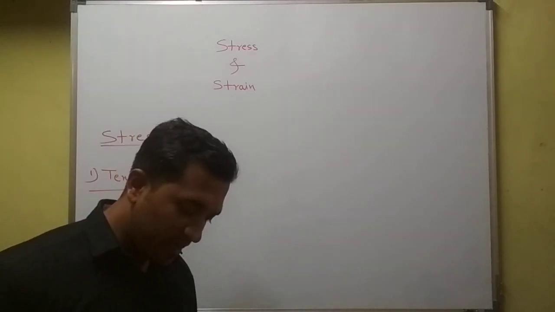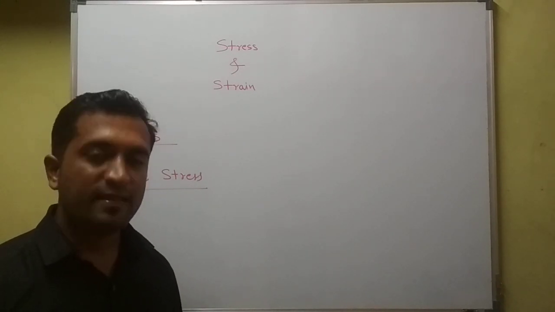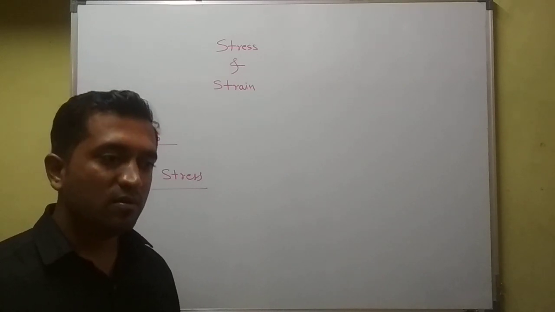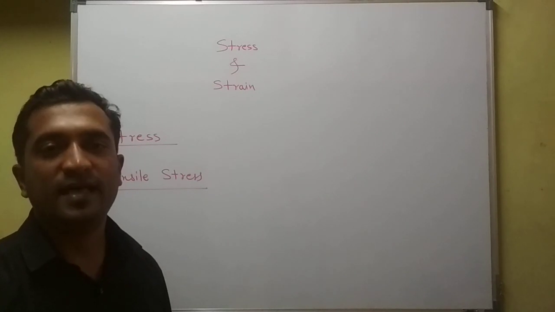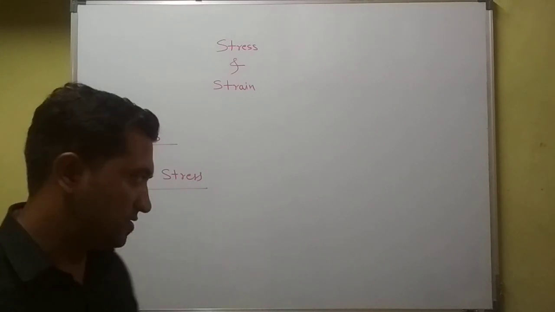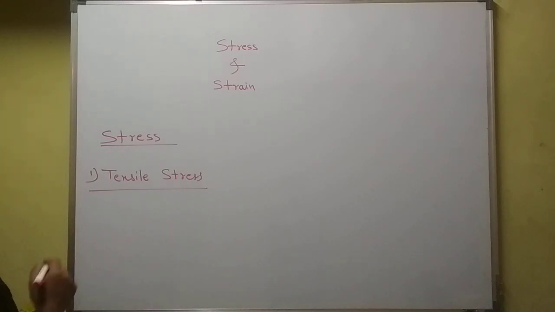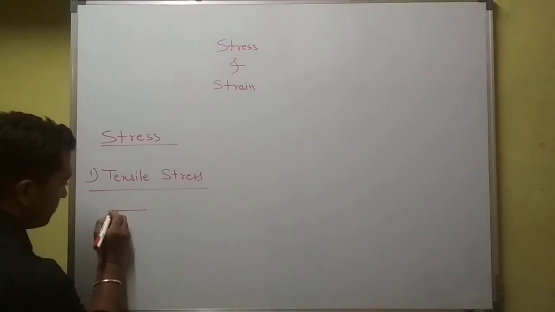When a body is subjected to a tensile force, the internal resisting force developed by that body is called tensile stress. Now, how can we denote that stress? We denote it by sigma.